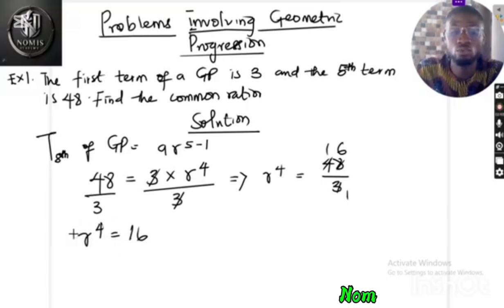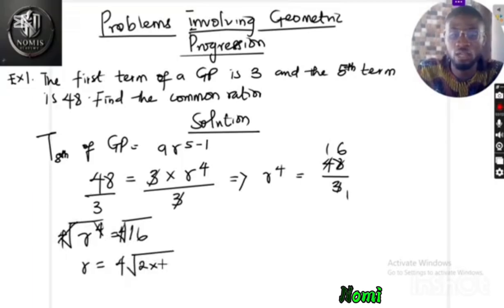So what we're doing now is to find the fourth root of both sides. So the fourth root this side and the fourth root this side. So this cancels this. So r is equal to the fourth root of 2 times 2 times 2 times 2, which is 16.